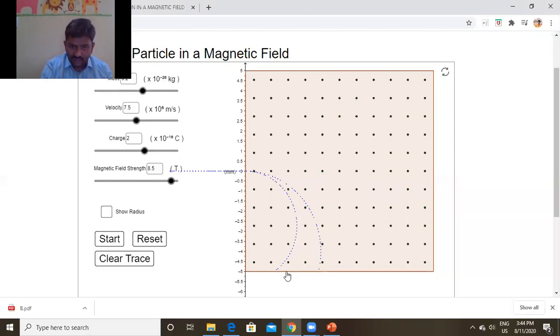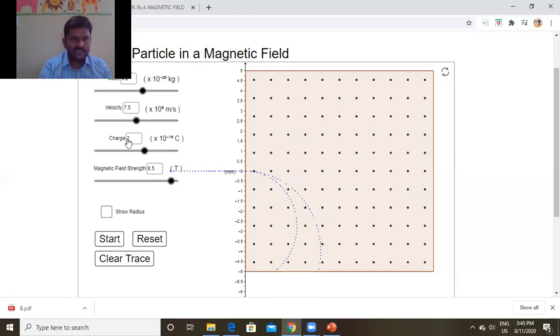That means the resultant motion of the body is always perpendicular to the velocity at that instant. From this simulation, it is clear that the effect of motion of a charged particle in a magnetic field is perpendicular to both magnetic field as well as velocity.